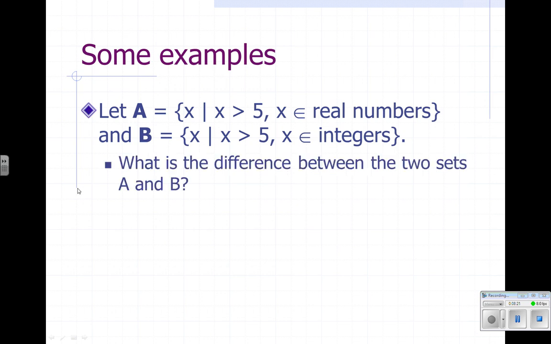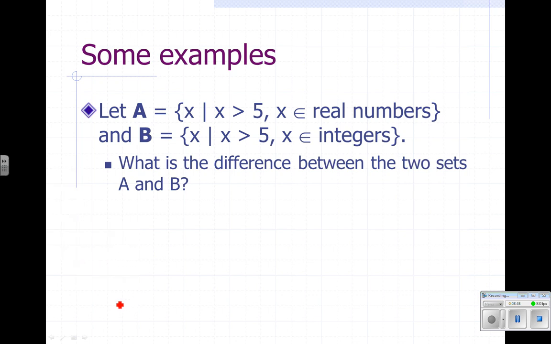Well, first of all, we might ask the question, what's the difference between these two things? Well, recall that the set of integers is the set of all positive or negative whole numbers. So, for example, if I said 6, 7, 8, 9, and so on, that could be an indication of my set B with only integers in it, right?